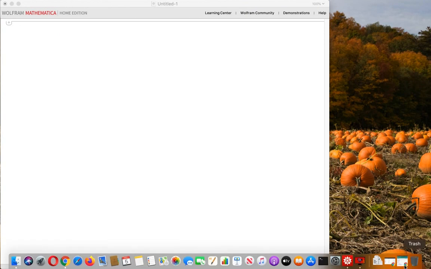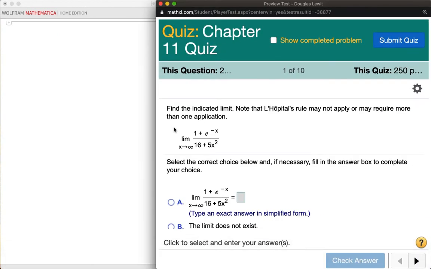Okay, fantastic. So we could try L'Hopital's rule, but first of all, L'Hopital's rule makes more sense when the limit is taken at 0. And here you can see that the limit is not taken at 0, it's taken at infinity, as x goes to infinity.